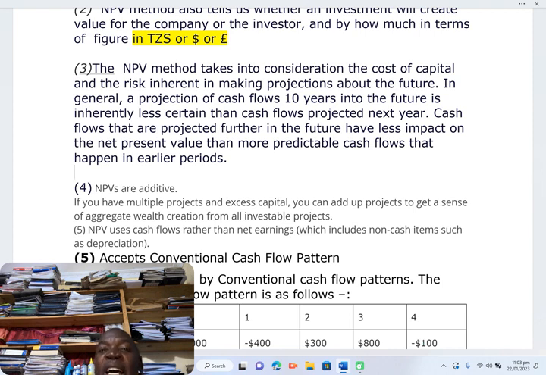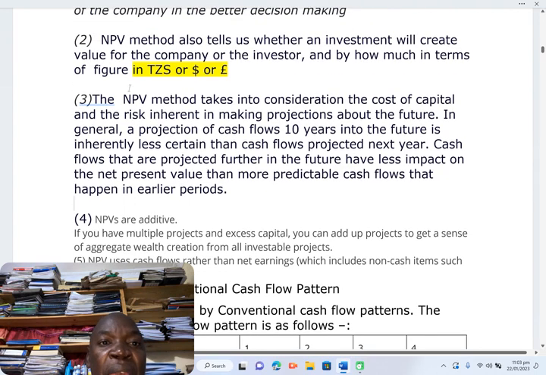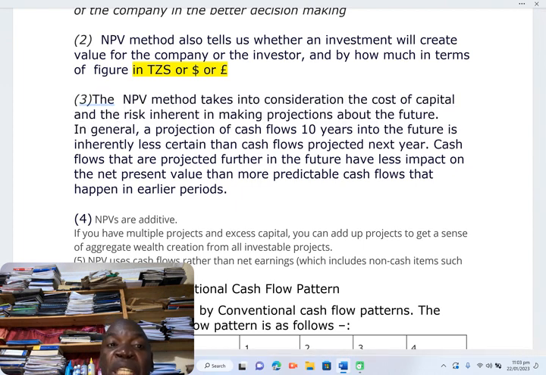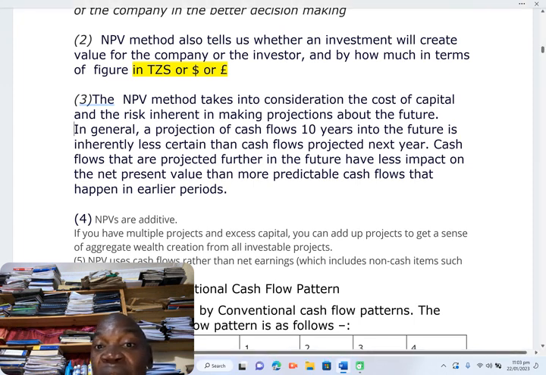Actually, the IRR, the accounting rate of return, does not provide this information. Number two, the NPV method takes into consideration the cost of capital and the risk of a project in the future. Remember, the accounting rate of return does not take into account the risk of a project about the future.